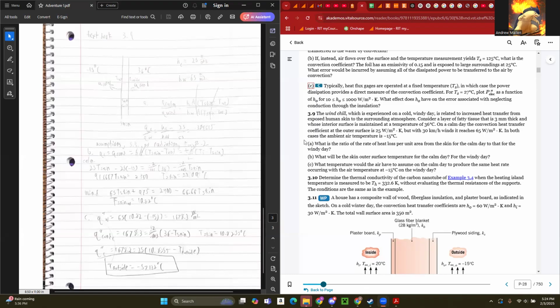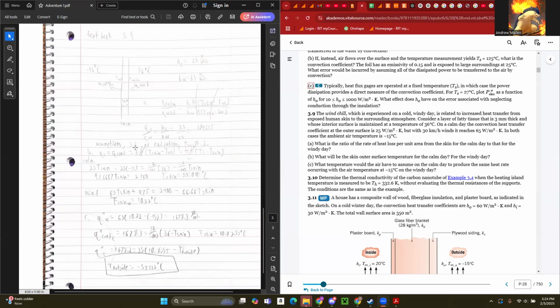Next, we are asked what will be the outer skin surface temperature for the calm day and for the windy day. For this, we can just do an energy balance. We are assuming steady state because the problem said that the interior surface is maintained at 36. So the inside of the skin is the same temperature, the outside of the skin is the same temperature, so it is steady state.